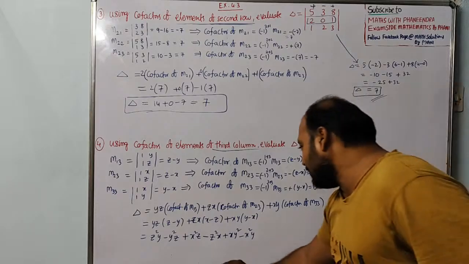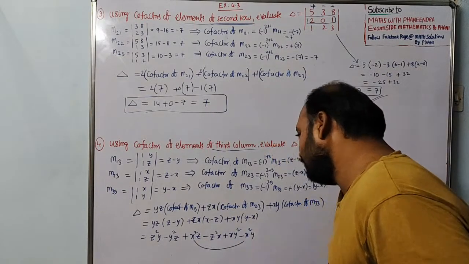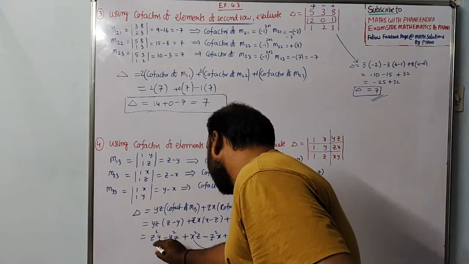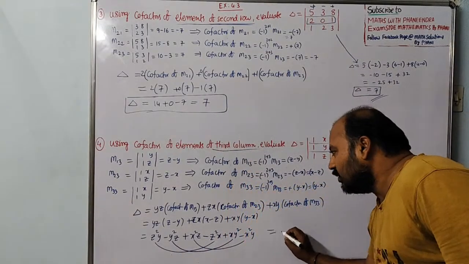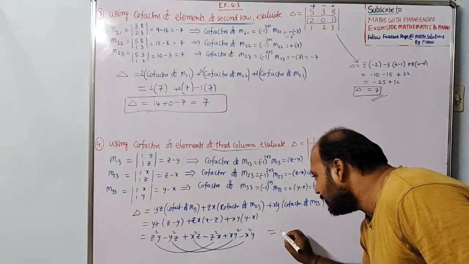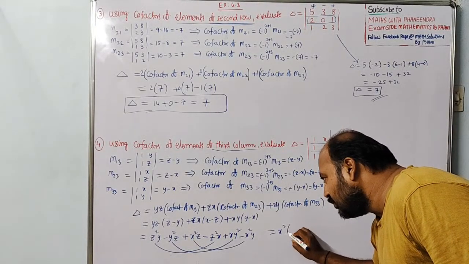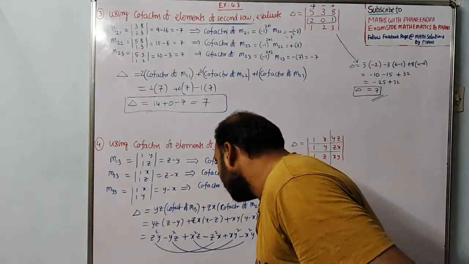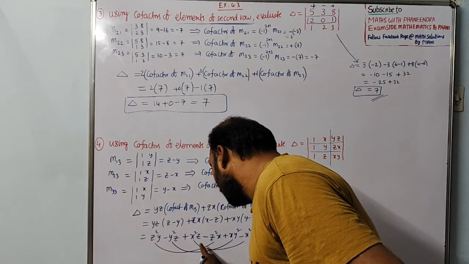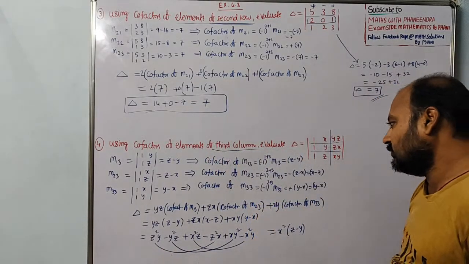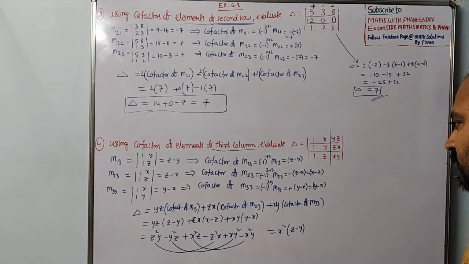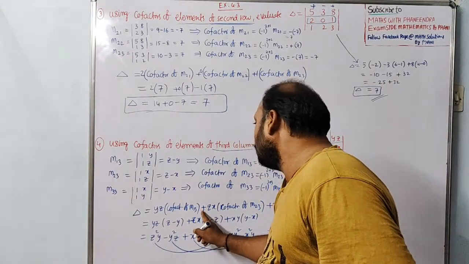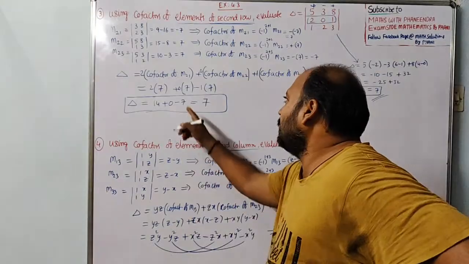So wherever x square terms, y square terms, and z square terms are there, we can group them. First, x square terms: x square into (z minus y). Next, y square. Here 0 is not affected.